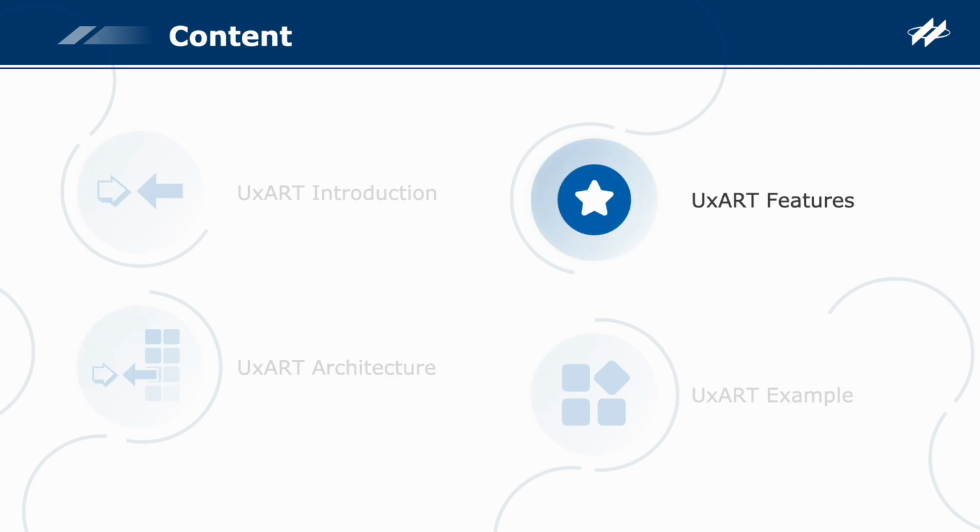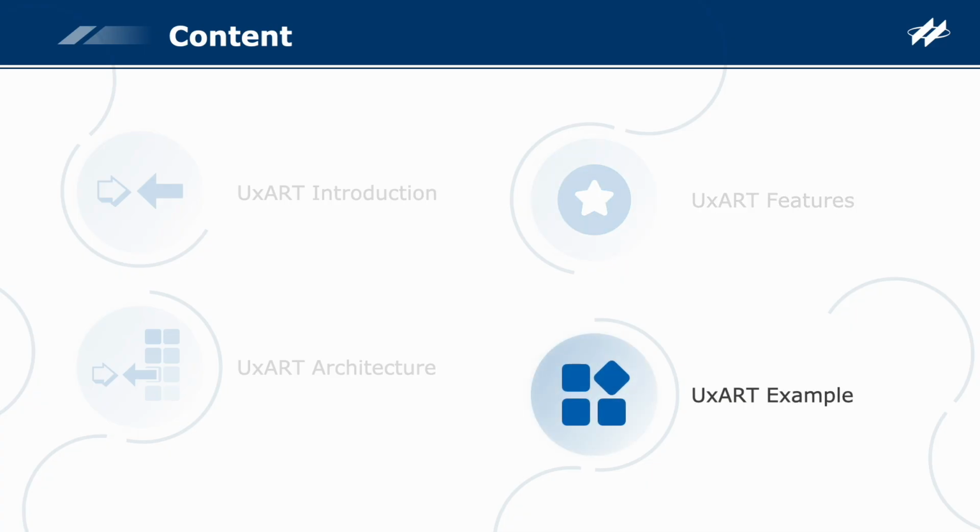The third chapter, UxART Features, introduces the programmable communication functions of UART and USART, the supported modes, interrupts and PDMA settings and triggers. The fourth chapter, UxART Example, provides specific UxART configuration steps and application examples to help users understand how to use UxART.